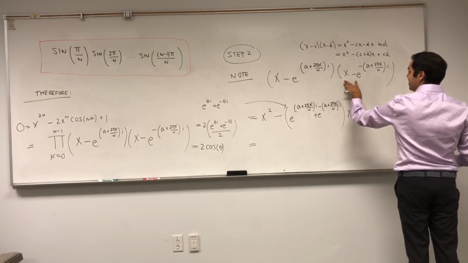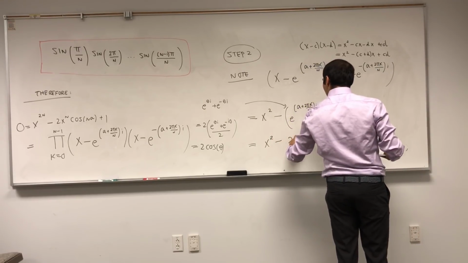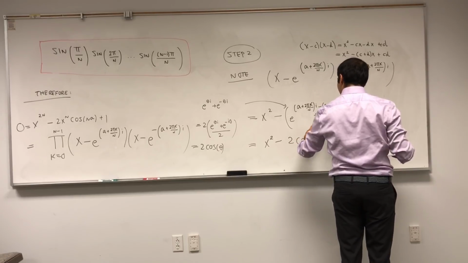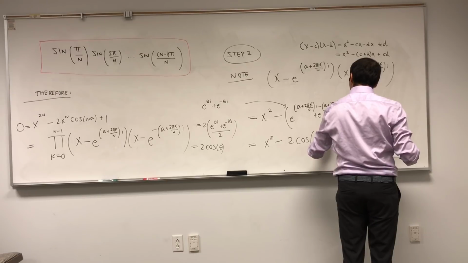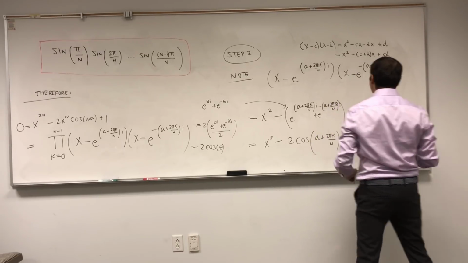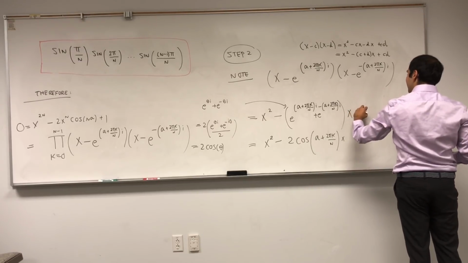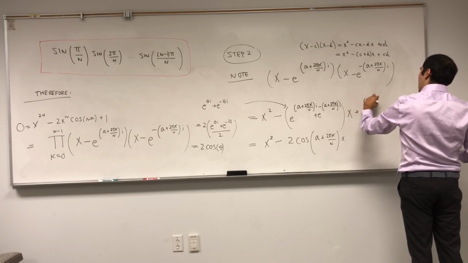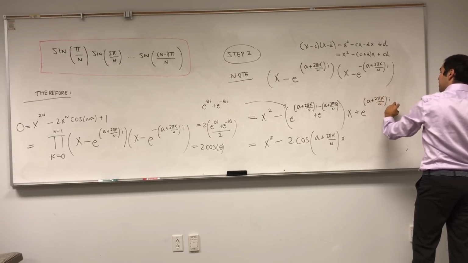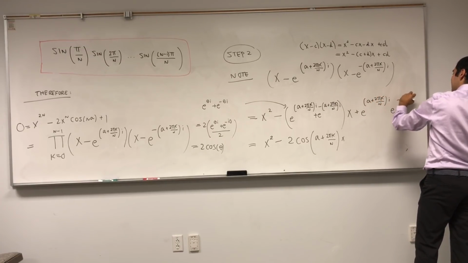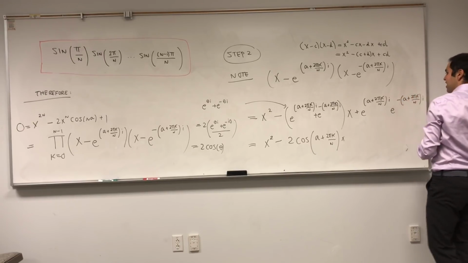All right, and lastly, so this becomes x squared minus 2 cosine of (a plus 2 pi k over n) x. And lastly, the constant term becomes much, much easier. e to the (a plus 2 pi k over n)i times e to the (minus a plus 2 pi k over n)i.